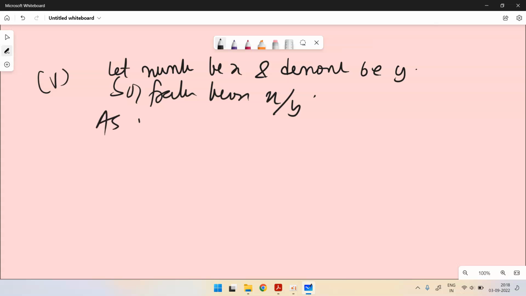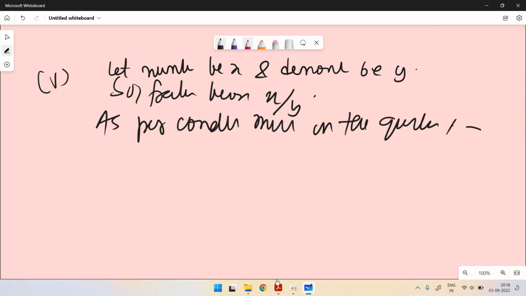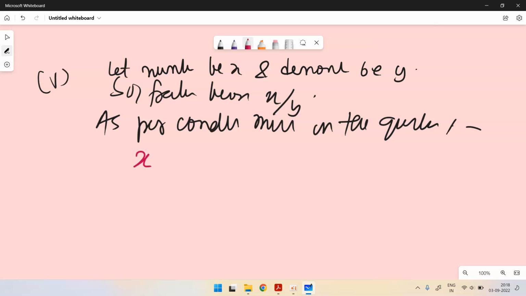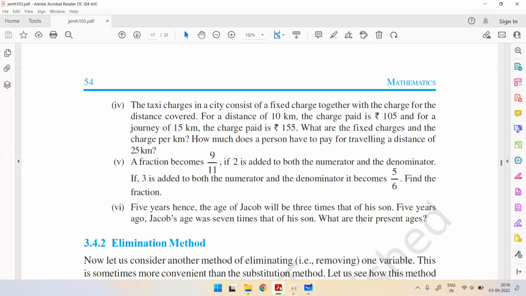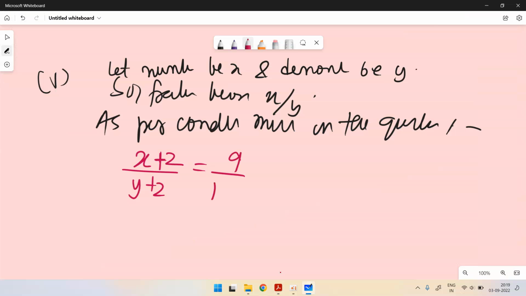Now as per the condition mentioned in the question, if 2 is added to both numerator and denominator, x plus 2 by y plus 2 becomes 9 by 11. Now if you cross multiply, this is 11x plus 22 equal to 9y plus 18.